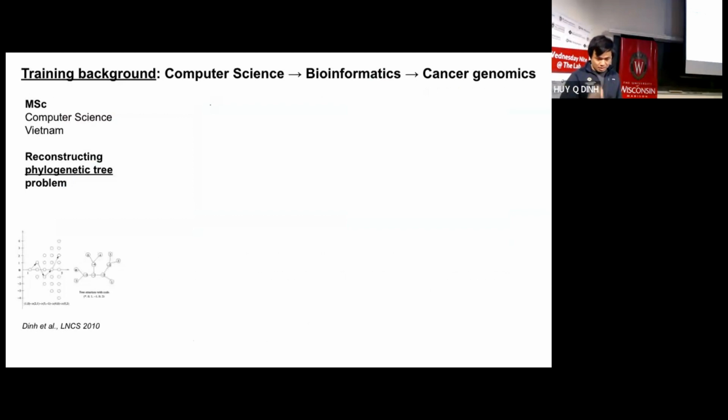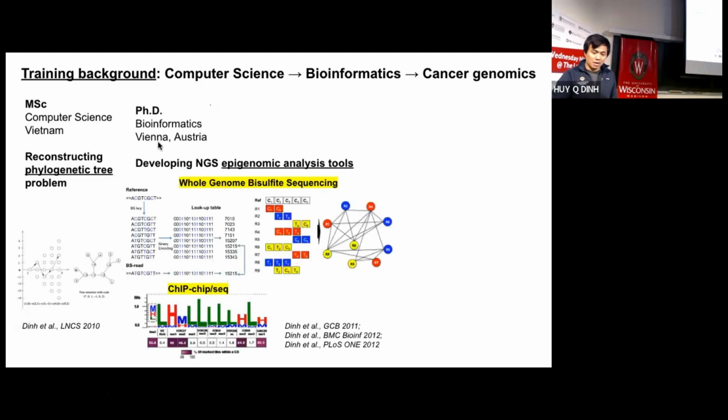As Nico introduced, I have a background in computer science, where I did a BS and a BA in computer science. And my master's thesis was to solve the phylogenetic problem that I think many of you are familiar with. And then I moved on to do a PhD in bioinformatics. At that time, next generation sequencing started booming.